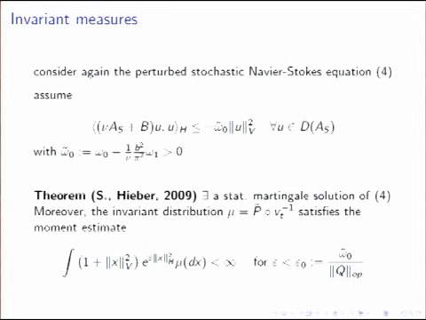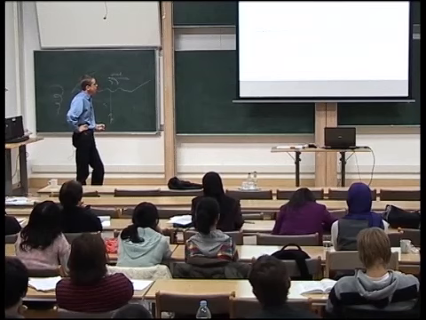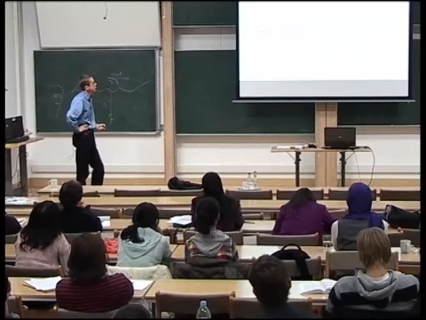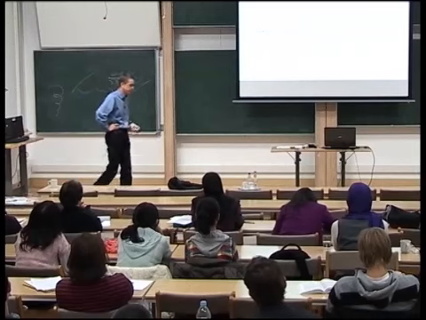This is in some sense not surprising, because you have finite trace of the covariance operator. So at least for a small epsilon, which is directly related to the coefficients of the problem, and this is the operator norm of Q on the space H, you have these finite exponential moments for this invariant measure.